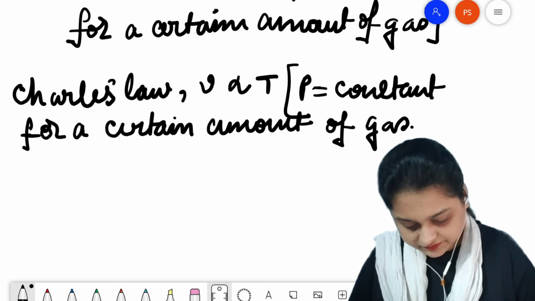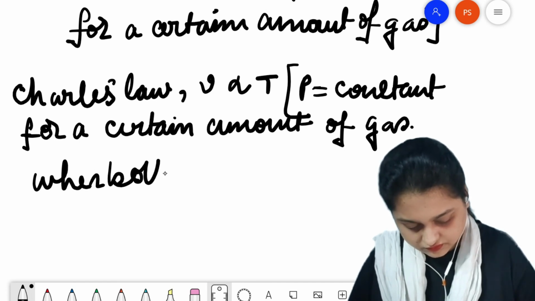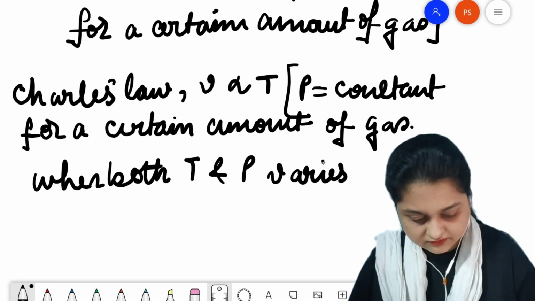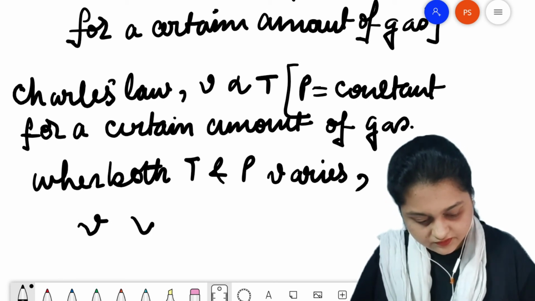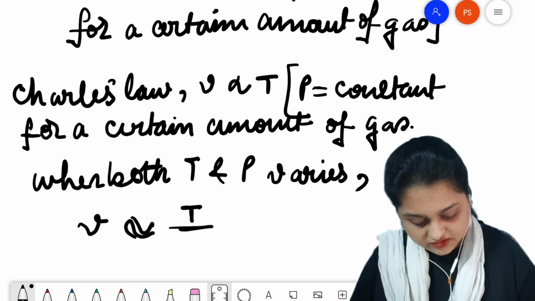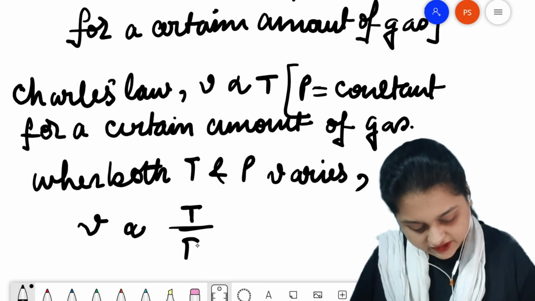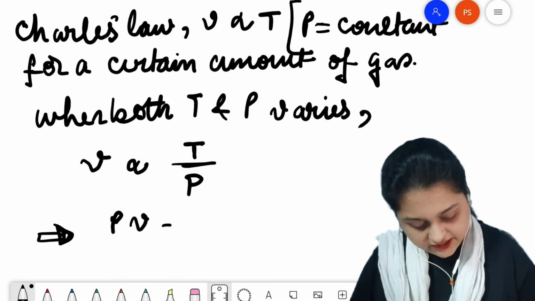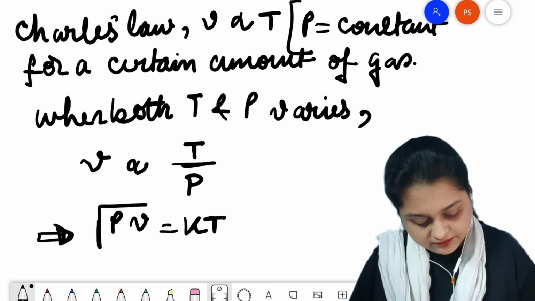Combining Charles' law and Boyle's law, V is directly proportional to T by P, or PV by T equals a proportionality constant K. This is known as the combined gas law.